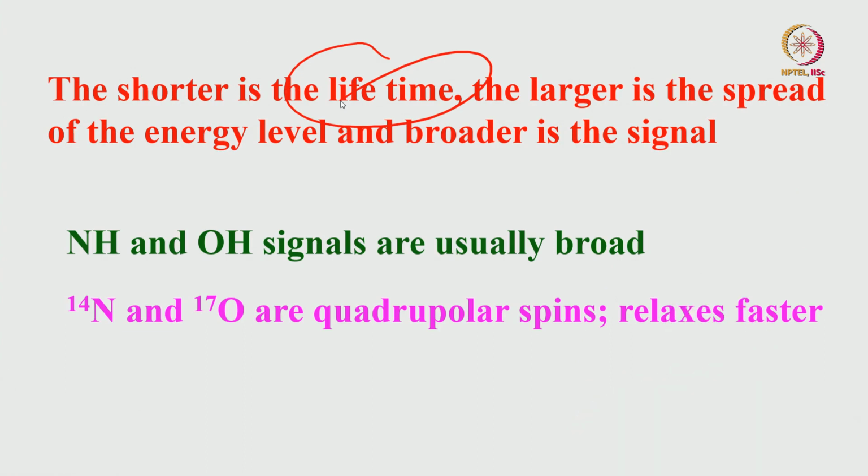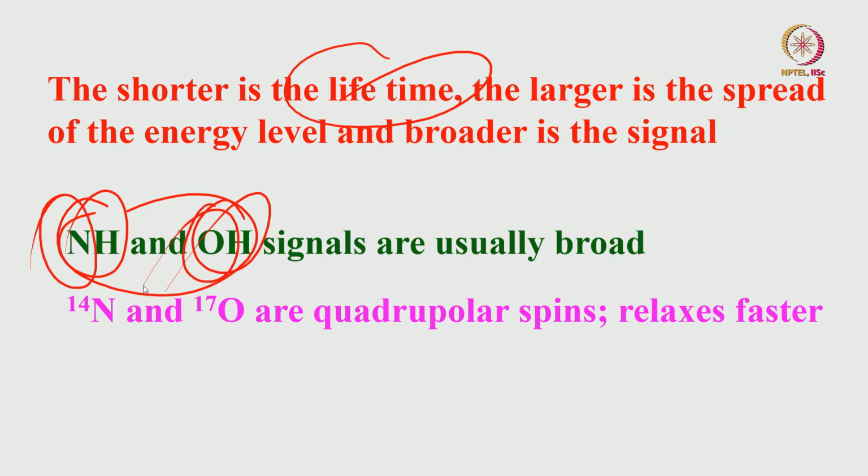That is why, if you want to see NH and OH peaks in your molecule in a proton NMR spectrum, they are usually broad, because nitrogen 14 and oxygen are quadrupolar spins.